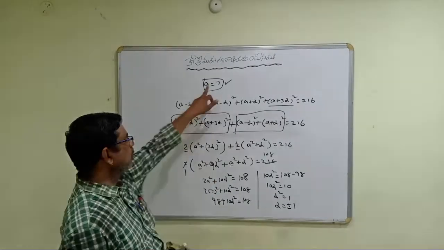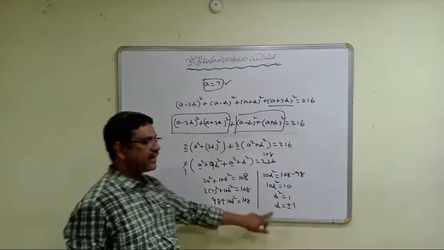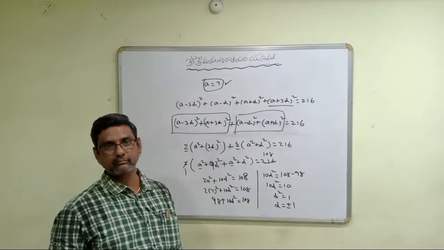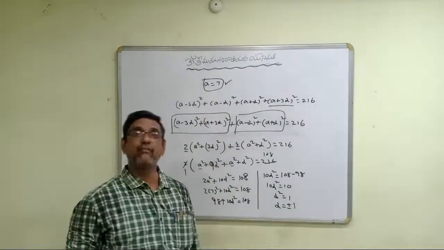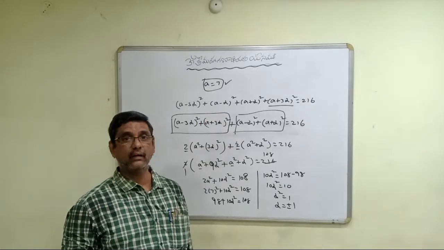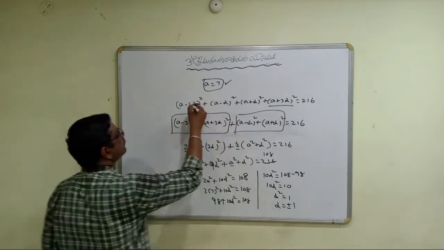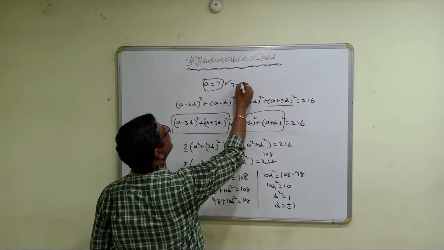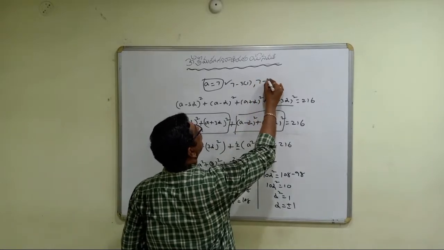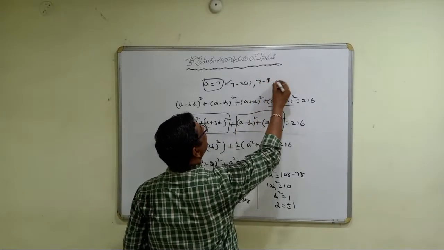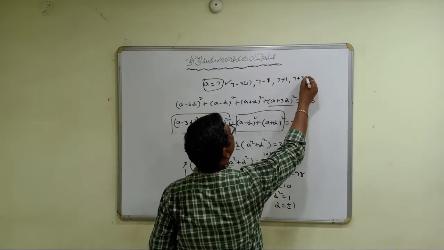And we know a, which is 7, and we know d, plus or minus 1. Let us suppose I will take a is 7, d is 1. Then what is the AP? First one is a minus 3d, so 7 minus 3 into 1, 7 minus 1, 7 plus 1, 7 plus 3 into 1.